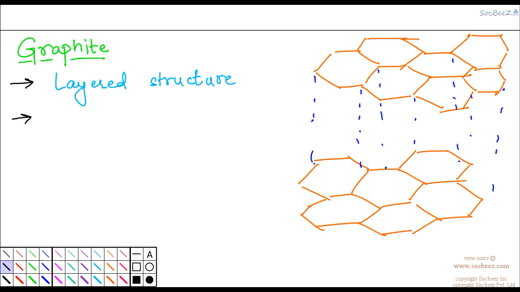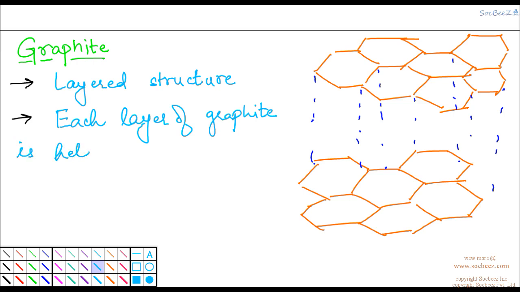Now, the next point is that each layer of graphite is held by van der Waals force of attraction.